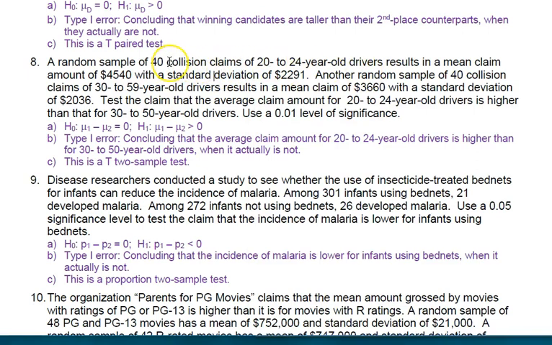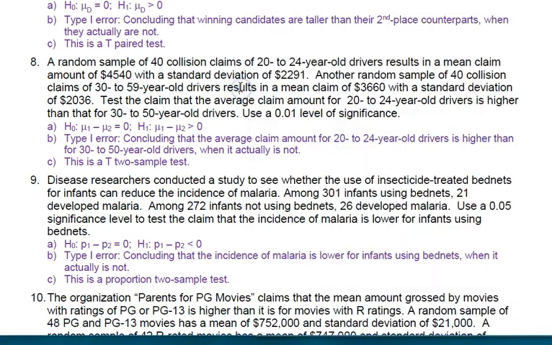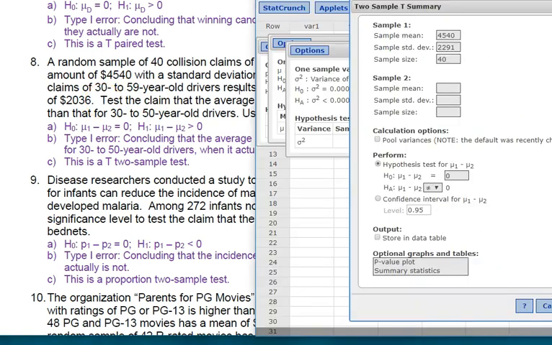The first set was for the 20 to 24-year-old drivers. So we're putting in the mean and the standard deviation, and the sample size is 40. And then for the second set, for the 30 to 59-year-old drivers, we have a mean, a standard deviation, and a sample size.